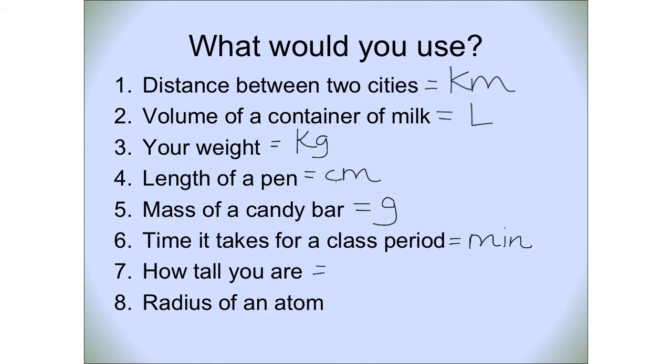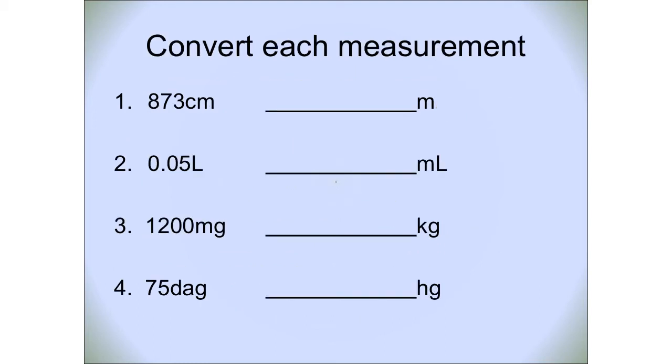How tall you are. I say I'm 5'4", but in Canada, they would be doing meters and centimeters. And then radius of an atom, since those are so tiny, we would need picometers for that.